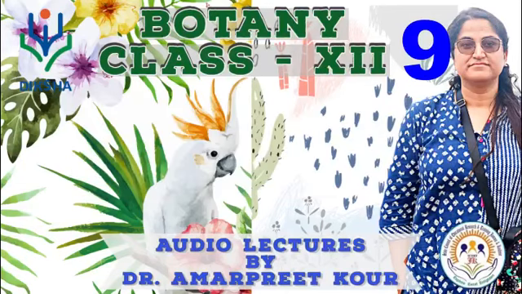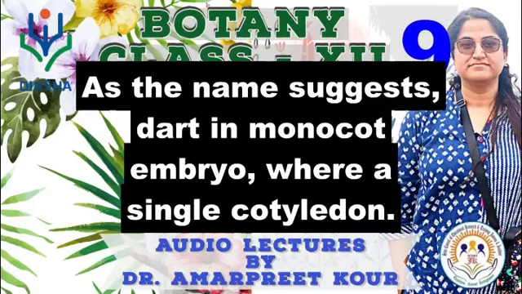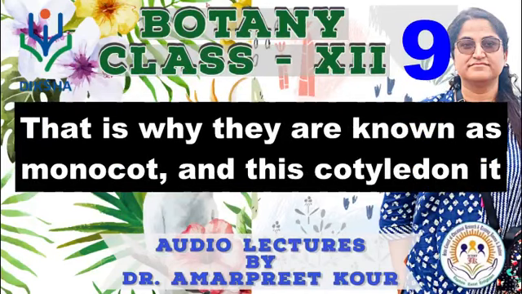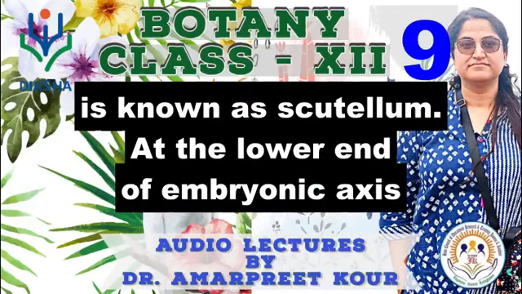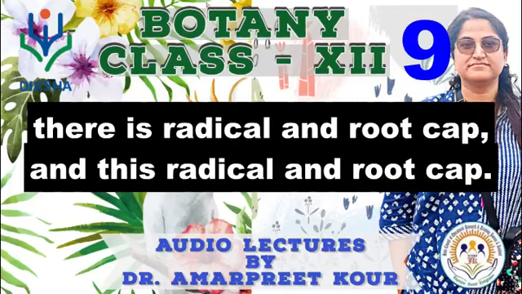Clear? As the name suggests, in monocot embryo there is a single cotyledon. That is why they are known as monocot. And this cotyledon is known as scutellum. At the lower end of embryonal axis, there is radicle and root cap.